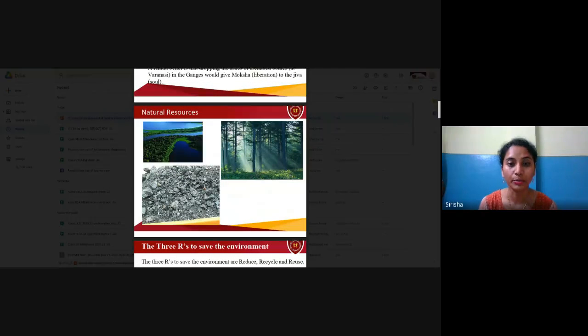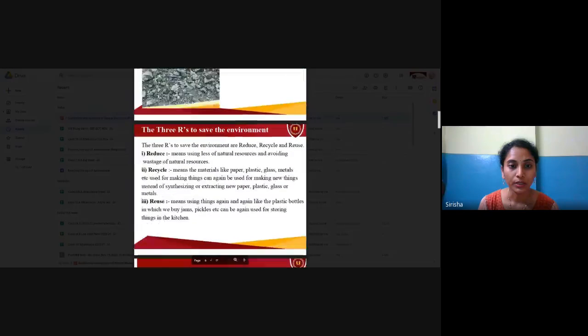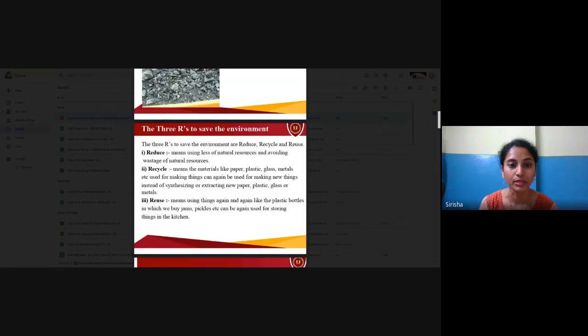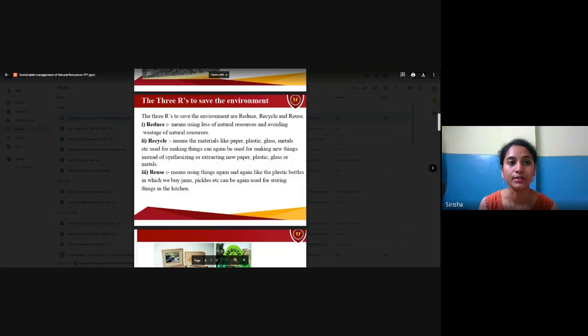So let us see some of the pictures of natural resources like forests and coal. Okay, and then what are the 3 R's to save the environment? The 3 R's to save the environment are reduce, recycle, and reuse. Reduce means using less of natural resources and avoiding wastage of natural resources.